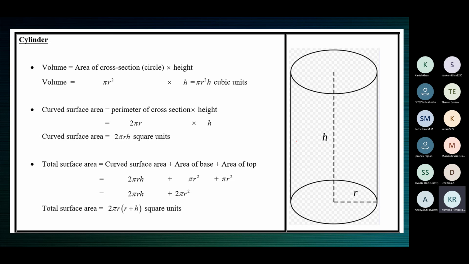After writing down this, please answer this question. I'm going to show you a cylindrical tumbler. This is a cylindrical glass tumbler, okay? And you have to paint this tumbler all over.